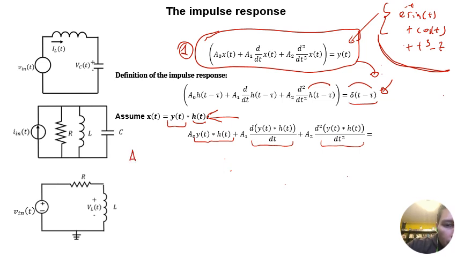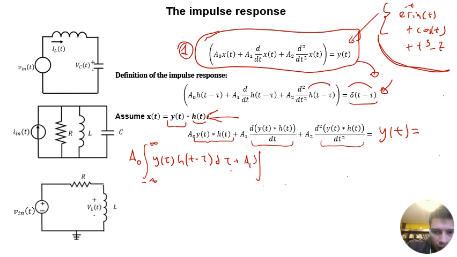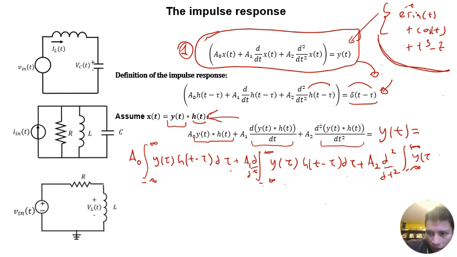So I have a0 times the integral, and this should of course be equal to y sub t, which is also equal to a0 times the integral from negative infinity to infinity of y sub tau h of t minus tau d tau, plus a1 times the derivative d dt of the integral from negative infinity to infinity of y sub tau h of t minus tau d tau, and then I'm going to have another one, a2 d dt squared, of the integral from negative infinity to infinity of y sub tau h of t minus tau d tau.